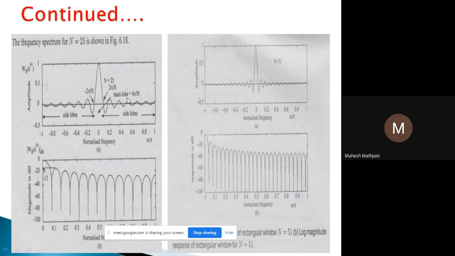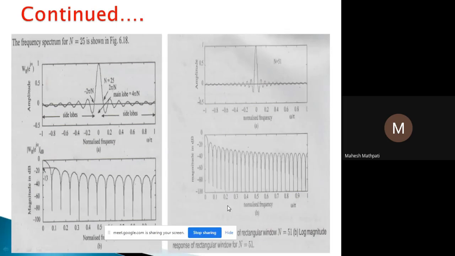If you compare these, as the value of N increases, the main lobe is getting reduced, and the side lobes are also getting smaller and smaller, right?